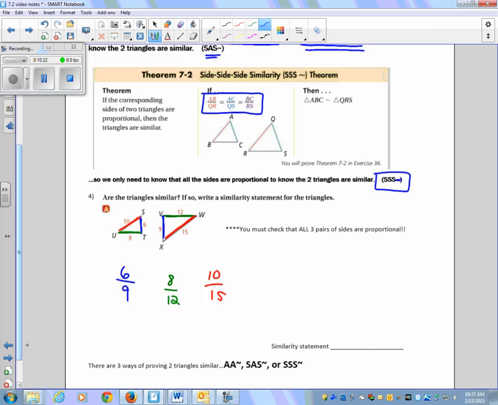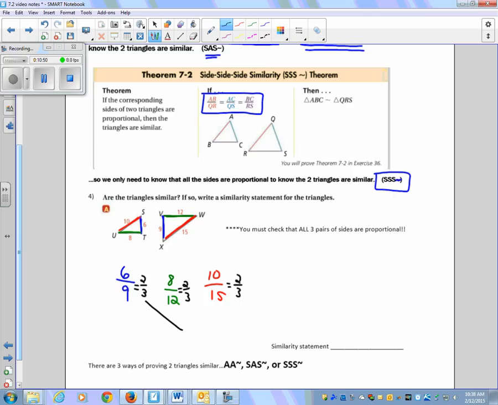We could simplify each of these ratios. 6 over 9 simplifies to 2/3. Divide top and bottom by 3. 8 over 12 simplifies to 2/3 because we divide top and bottom by 4. 10 over 15 simplifies to 2 over 3 because we divide top and bottom by 5.